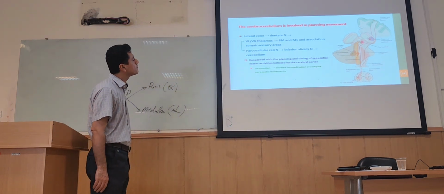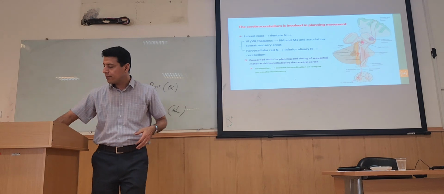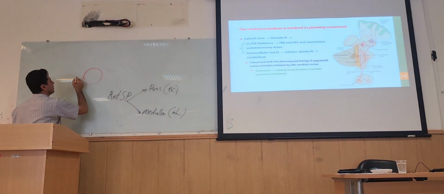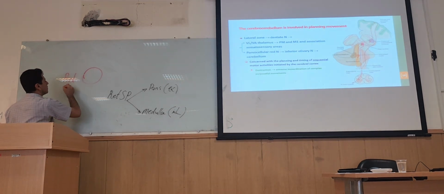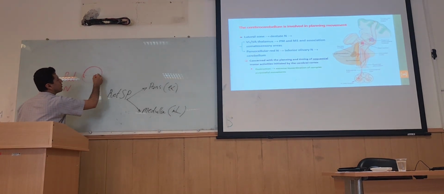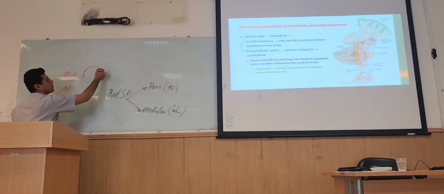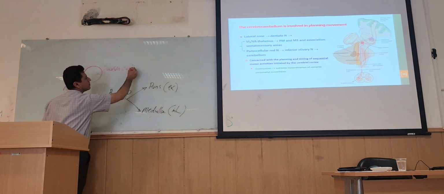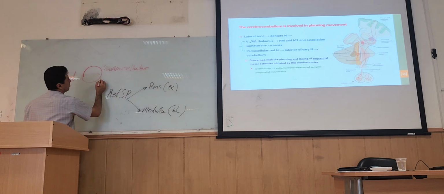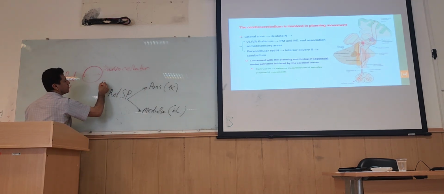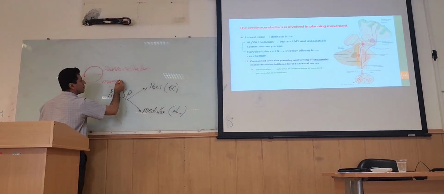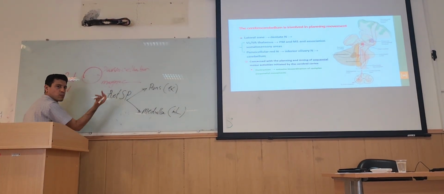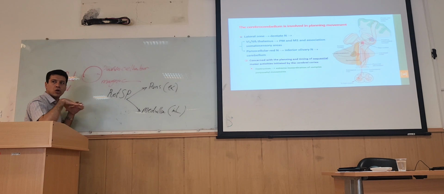Motor learning. So the red nucleus has two parts: a superior part called parvocellular and an inferior part called magnocellular. Parvo means small cells, magno means large cells.